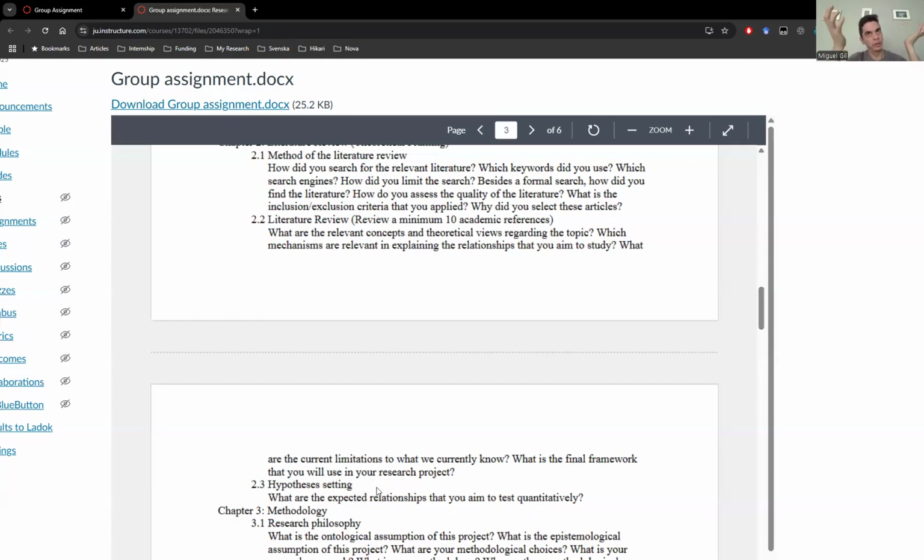I guess financial stress will have a negative relationship with happiness, but other relationships might be different. For example, maybe life balance will have a positive relationship with student happiness. So that will be your hypothesis. That will be in here.